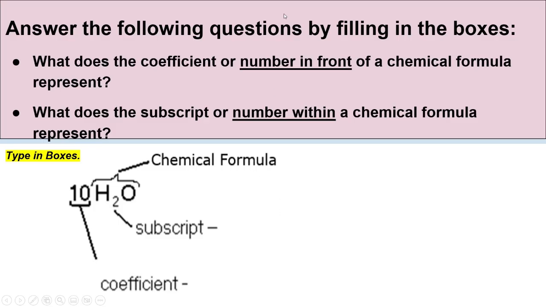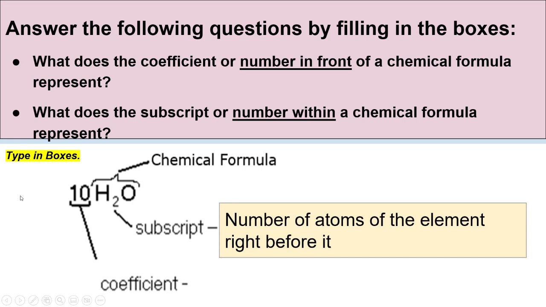All right, so let's break down a chemical formula real quick. We're going to answer what the coefficient is, which is the number in front of the chemical formula, and what the subscript is, which is the number below the specific atom.